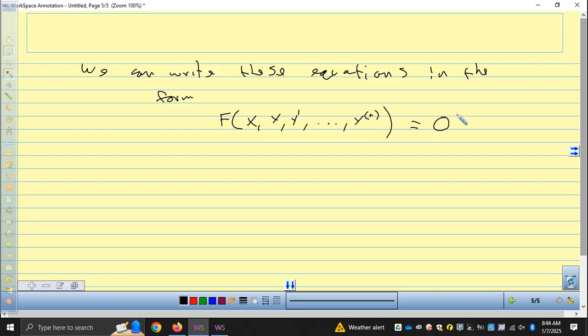The parentheses mean a derivative. So some function of x, y, y prime, y double prime, up to however many derivatives we have, equals 0. We call this the general form of our differential equation.